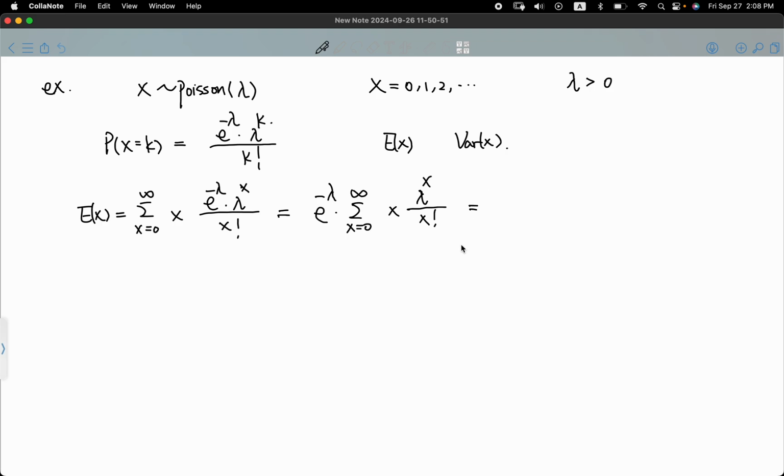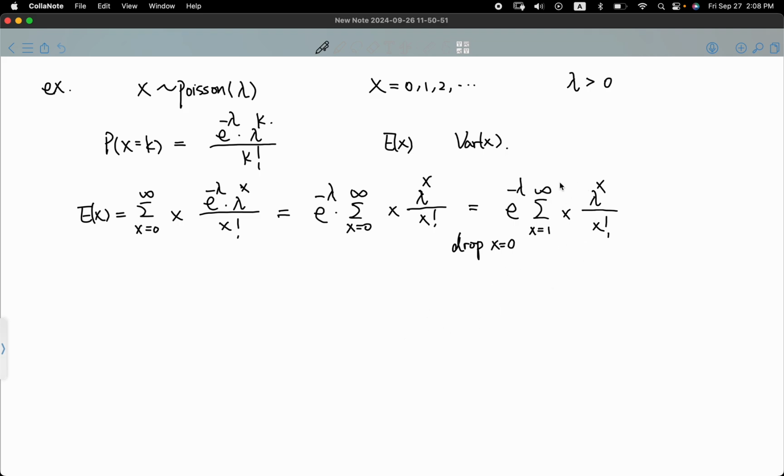Now we are going to drop the x equal to 0 case, because when you plug in x equal to 0 for the first term in the summation, this term is essentially just 0, so it does not contribute anything to the evaluation of this summation. So we can start from x equal to 1 to infinity, of x multiplied by lambda raised to the power of x over x factorial.